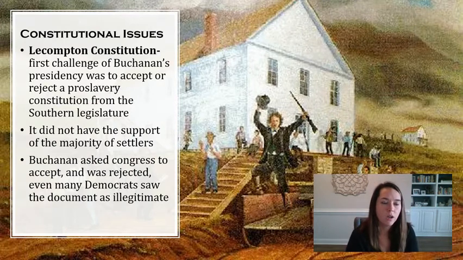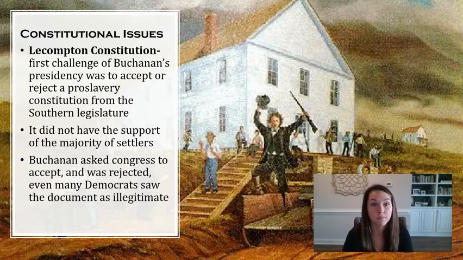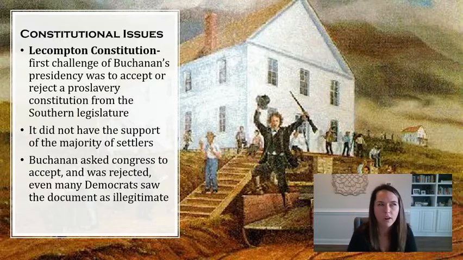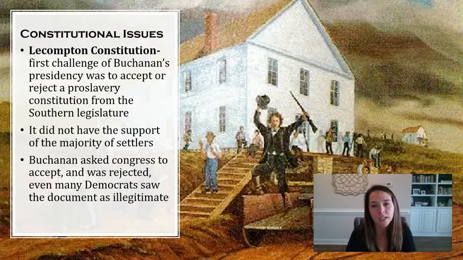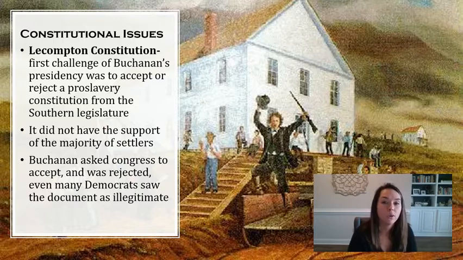So an important thing that happens, the first challenge to Buchanan's presidency is going to be the Lecompton Constitution, that artificial pro-slavery government that border ruffians and Missourians kind of threw together in order to try and get Kansas to be a slave state. Okay. And it did not have the majority, like the settlers were mostly free soilers.